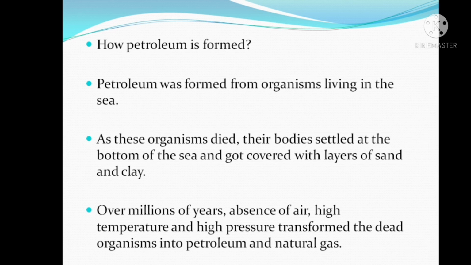Over millions of years, absence of air, high temperature and high pressure transformed the dead organisms into petroleum and natural gases. That means petroleum is basically a natural resource formed from the dead bodies of different organisms in the earth. So coal and petroleum are natural resources, and we get them after several years.